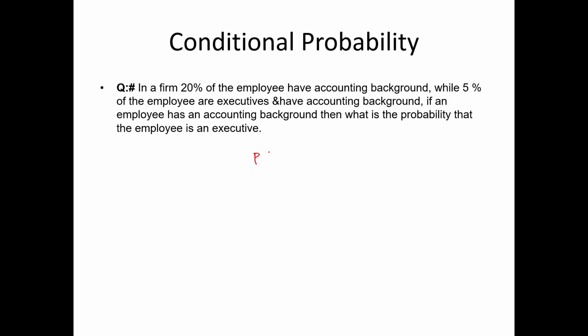Let's suppose A represents accounting, 20%. While 5% of the employees are executives, and once again something is common: they have accounting and executive background. Accounting and executive, E represents executive, which is 0.05.